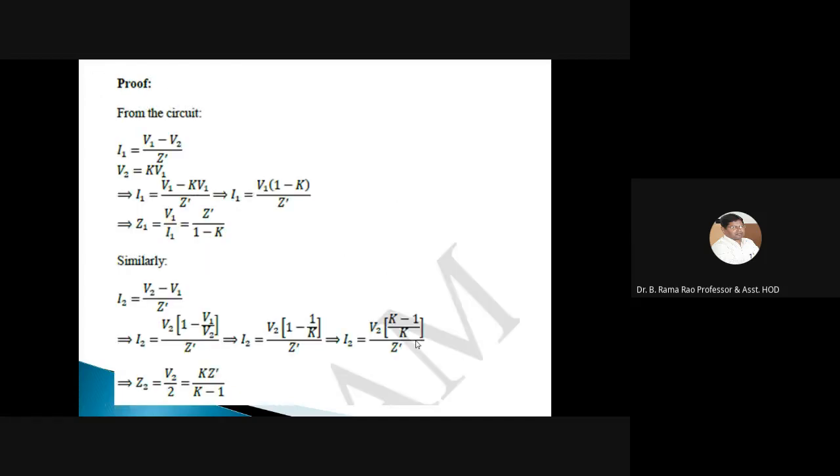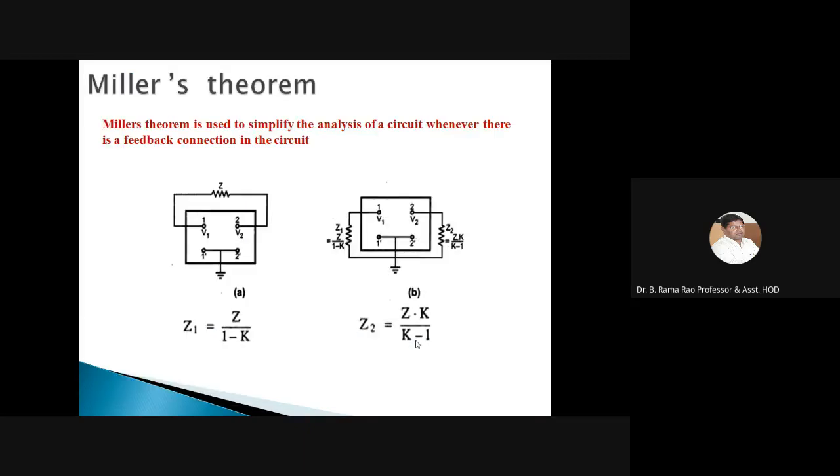K is nothing but a constant, given by the ratio V2 by V1. This is simply the gain.